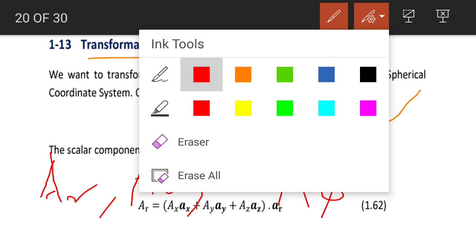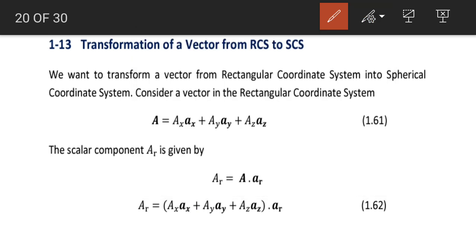So we know that the component in the direction of the unit vector AR will be equal to A dot AR. So vector A is in the rectangular coordinate system, which has all three components in the rectangular coordinate system, and then we have dot, and then we have this unit vector.